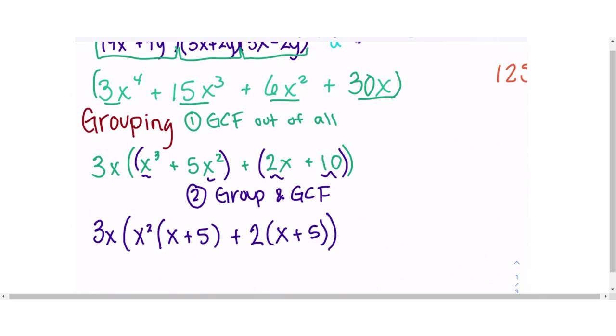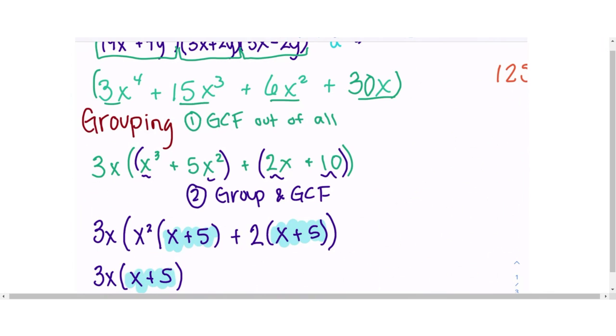This is turning out really well. And you can see that they both have x plus 5 and x plus 5. So that means I can rewrite this as the 3x staying there, and then x plus 5 because that was the same on both of them. I'm just going to highlight that so you can see that's where that one went.